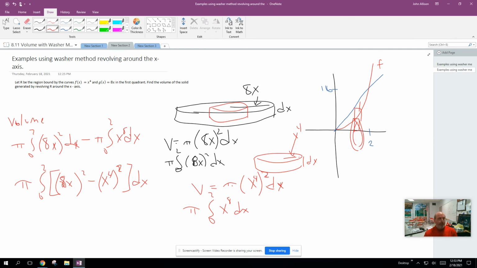And then here I'm going to do 64x squared, because that is 8x all squared, times dx. And then minus the integral, math 9, from 0 to 2 of x to the 8th, since that's x to the 4th squared, with respect to x. When I do those integrals, then I'm going to multiply everything by pi.